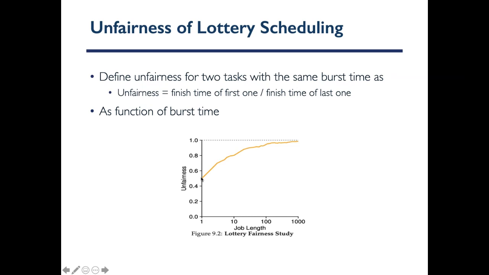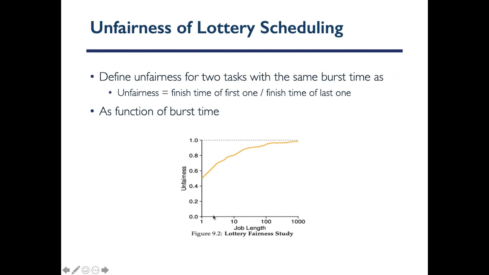If you think about it, in a short time, even if you have the same number of tickets as the other one, you may not get the chance to run immediately right after the other one.